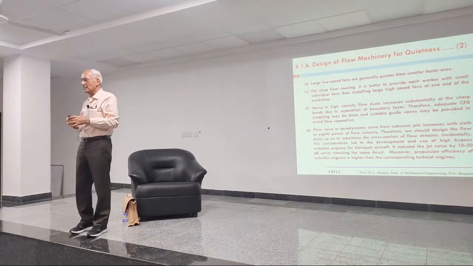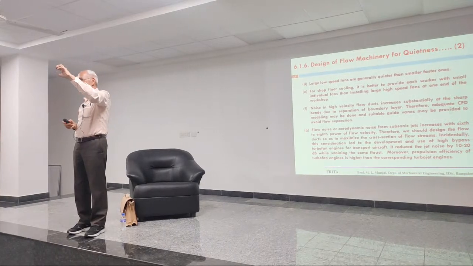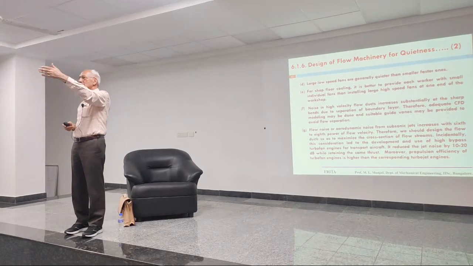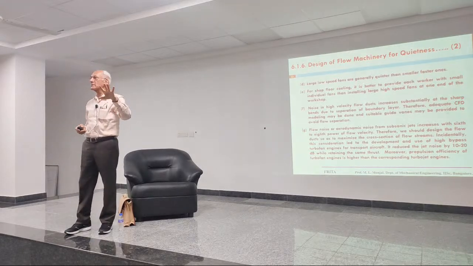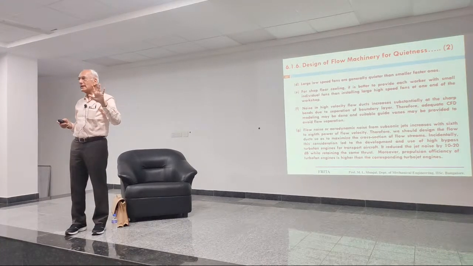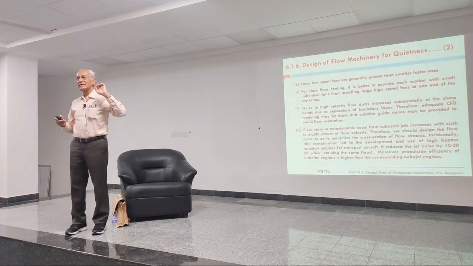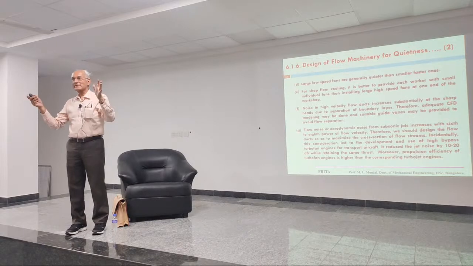At the same time, the mean velocity of the jet is reduced to almost 1/4 of it. So noise being proportional to the 8th power of velocity, it is reduced substantially. And that is what made these engines acceptable to the public.